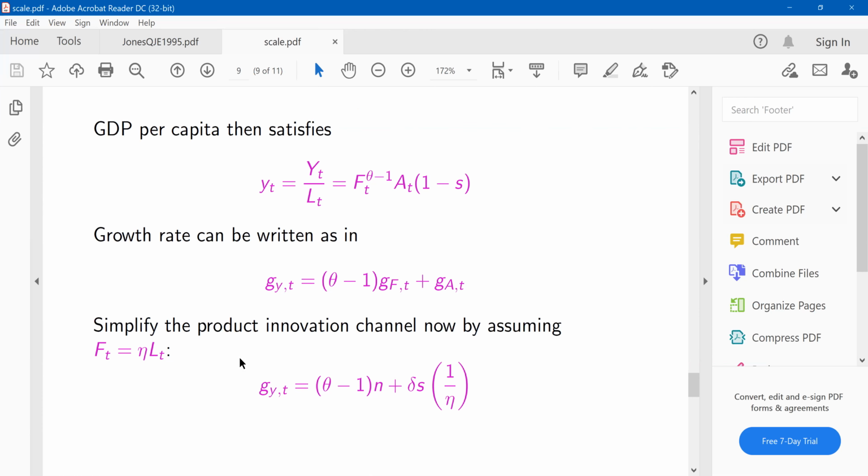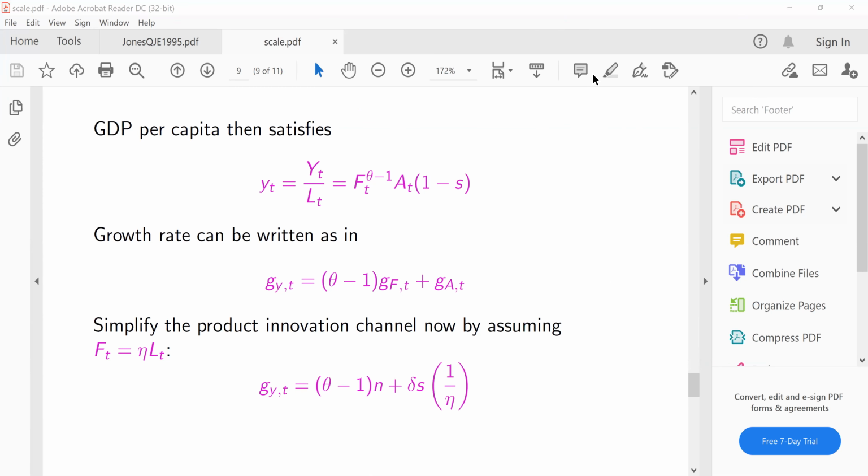Okay, then what you get is this. Now that's the end result. So now you realize the long run growth rate, which is actually a constant, is a function of population growth rate.